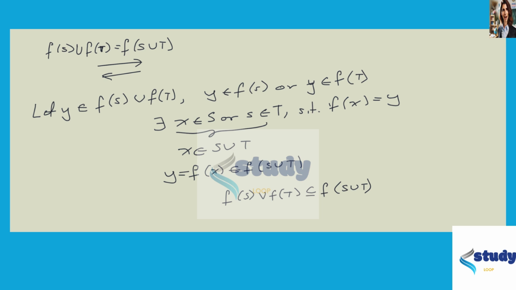So now we have to prove the leftward direction. If we let y be in f(S ∪ T), then there exists an element x in S ∪ T such that f(x) = y.